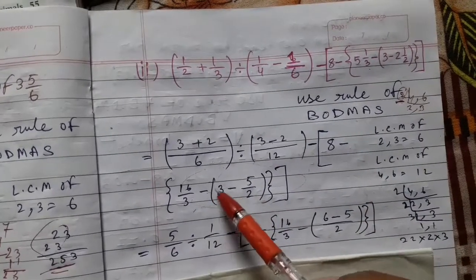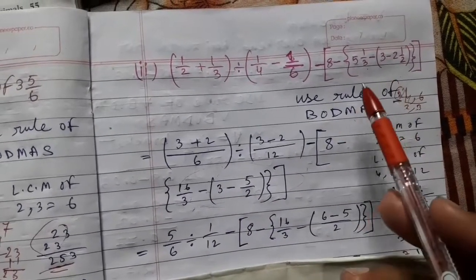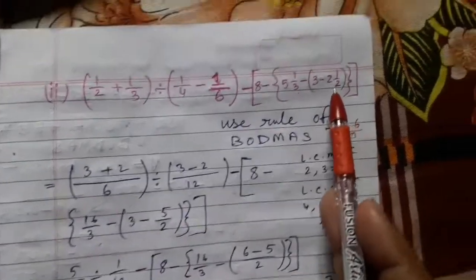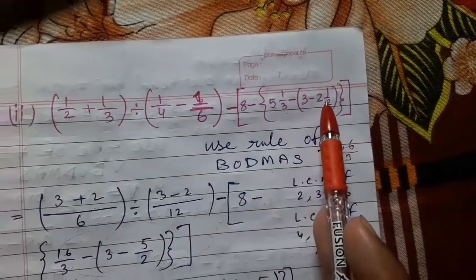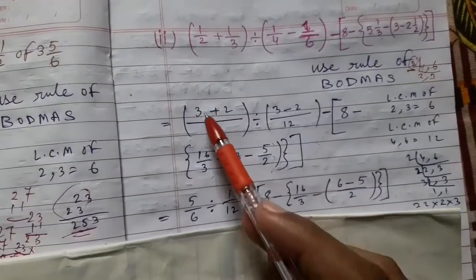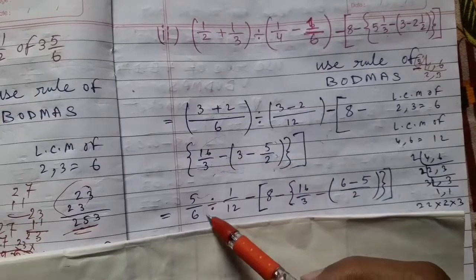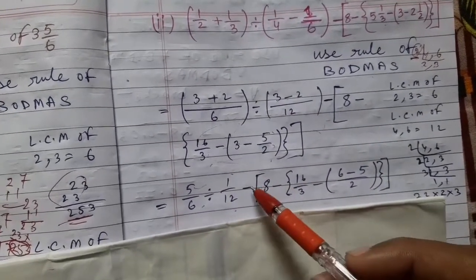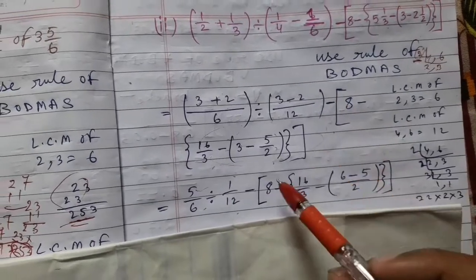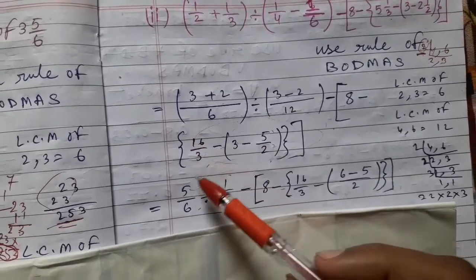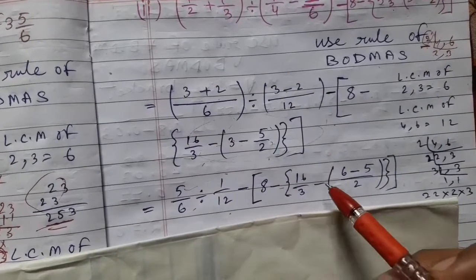16 by 3 minus first bracket, or common bracket, 3 minus 2, 2 2s are 4. 4 plus 1 is 5. 5 by 2. Clear? Okay. Next, 3 plus 2, 5 by 6. 3 minus 2, 1 by 12 minus rectangular bracket 8 minus curly bracket 16 by 3 minus.